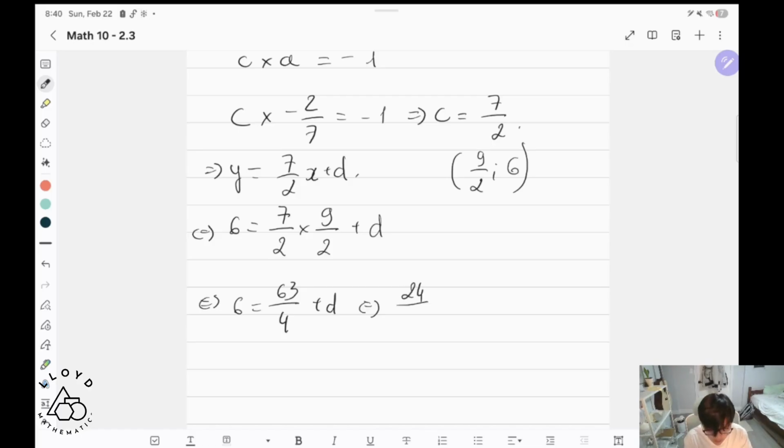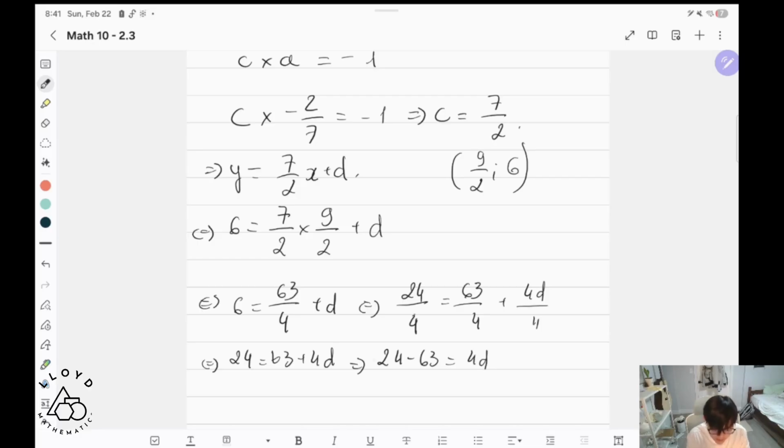So 24 over 4, which is equal to 6, equals 63 over 4 plus 4d over 4. So therefore, I get 24 equal to 63 plus 4d. Then I isolate d and its coefficient. So 24 minus 63 equals 4d. This is minus 39, so minus 39 equals 4d.